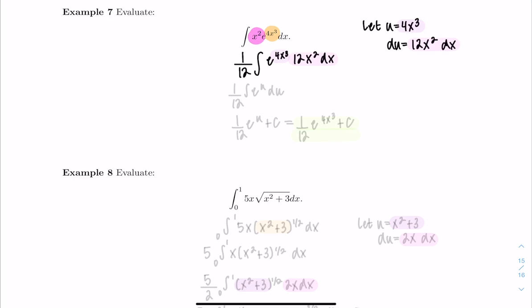Now that we've rewritten this in the correct way, we can replace the 12x squared dx with du, and we can replace the 4x cubed with a u.